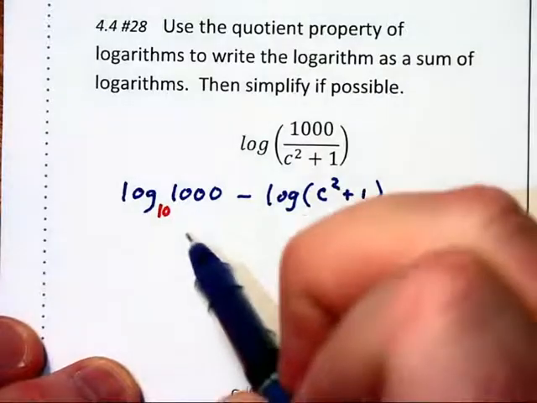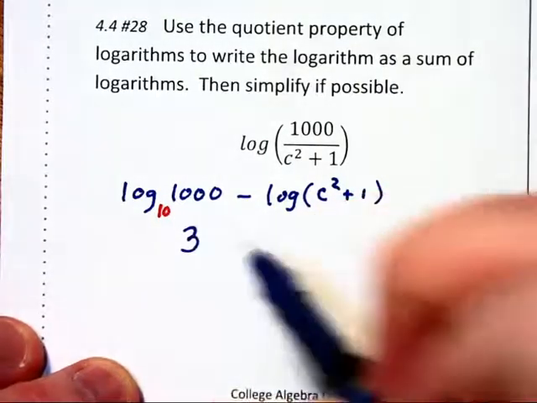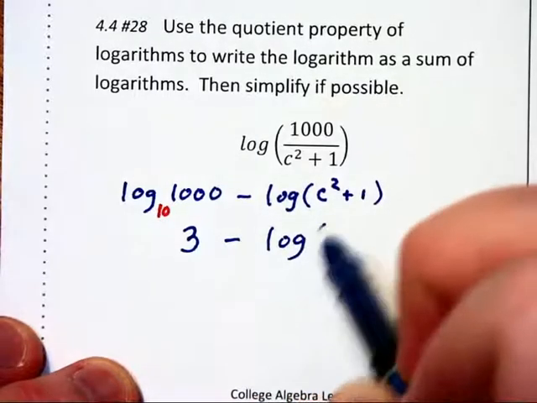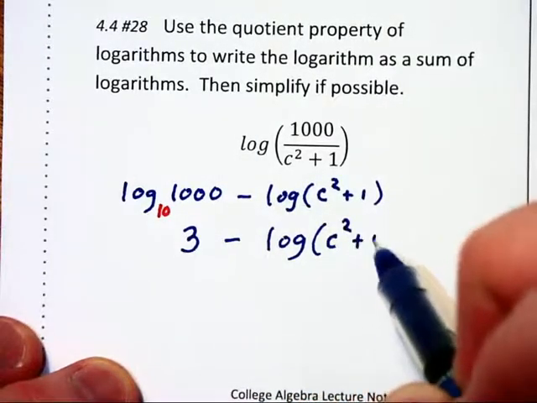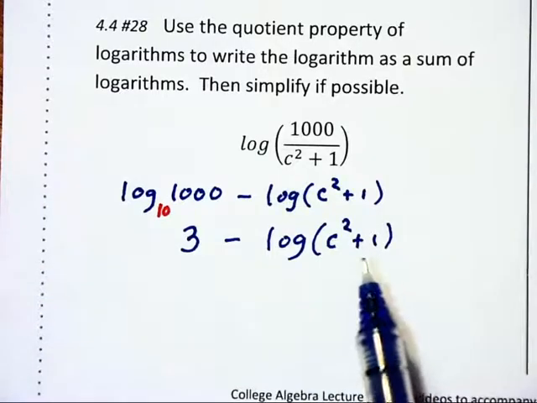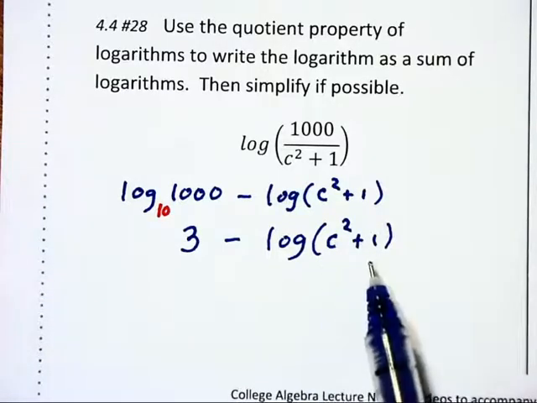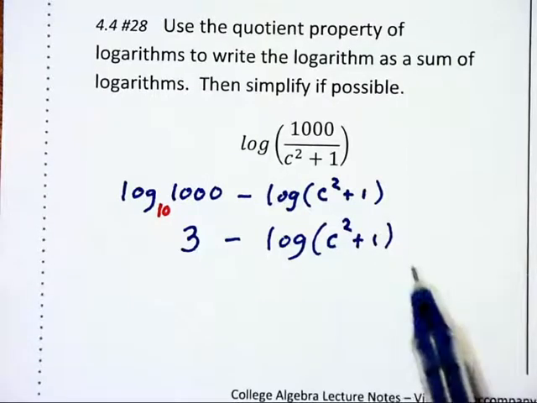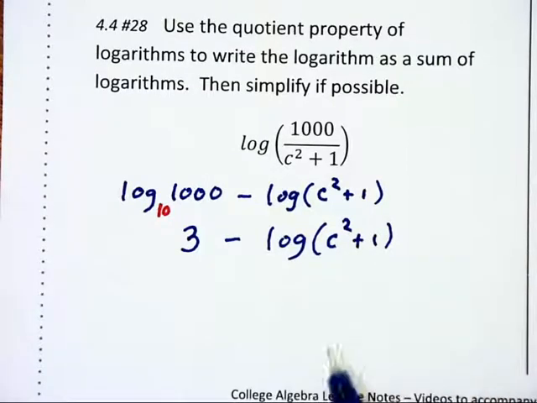So this first logarithm is equal to 3. And we're going to have 3 minus the log of c squared plus 1. Now that c squared plus 1 cannot be broken down. It's not factorable. We do not have a property that takes addition inside of a log to do anything with it. So this is as simplified as it's going to get.